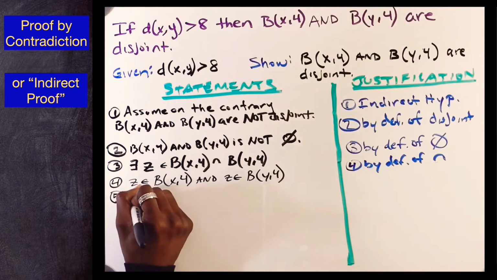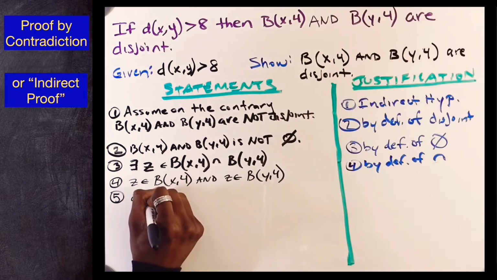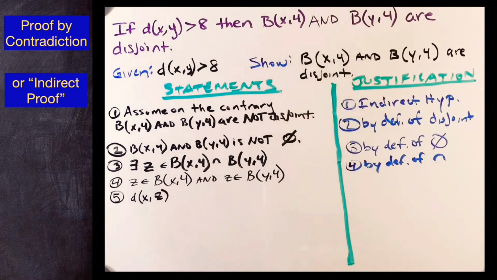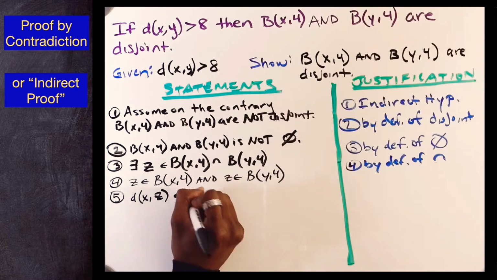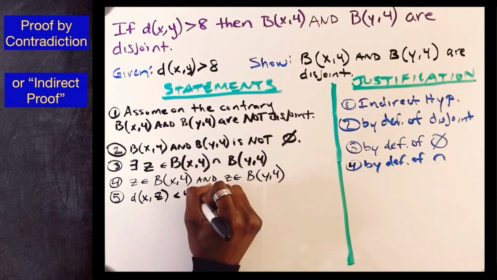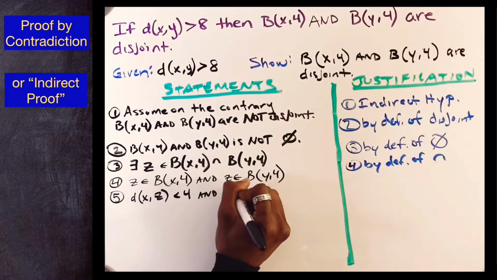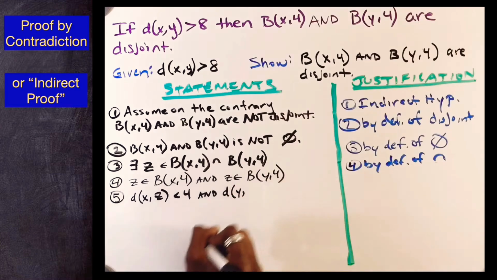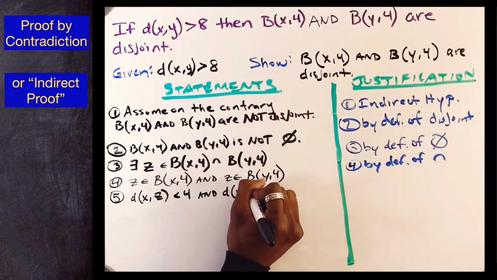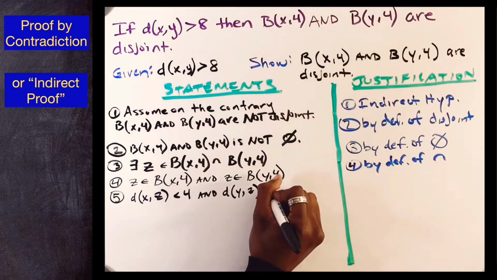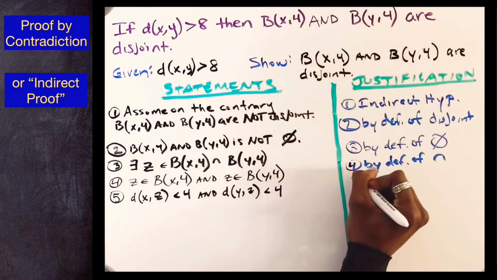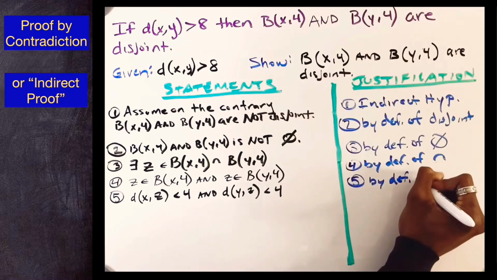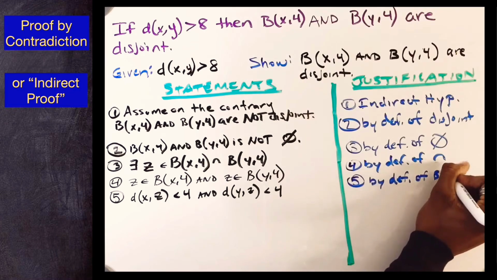The distance between center X and point Z is less than 4, and the distance from center Y, this is in the other ball, to point Z is also less than 4. So by def of ball.